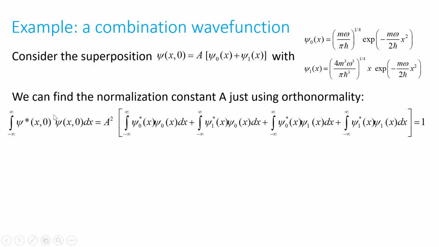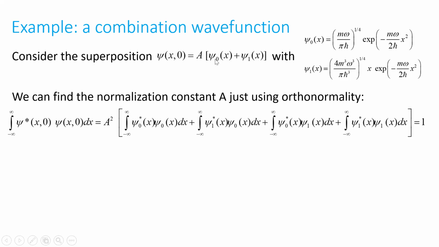Here's how this would look. To find the normalization constant, we take the integral from -infinity to infinity of our superposition, psi star of x, 0, psi of x, 0, dx, equal to 1 with our a squared.